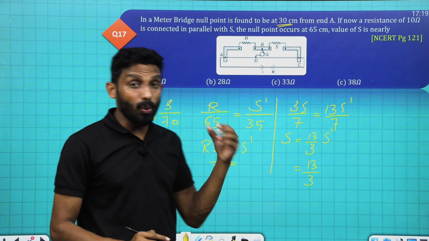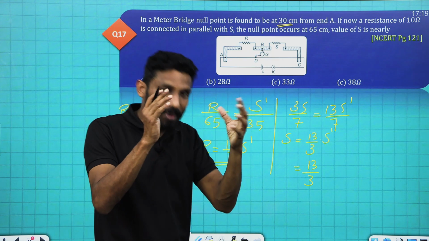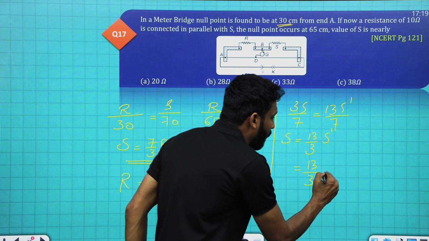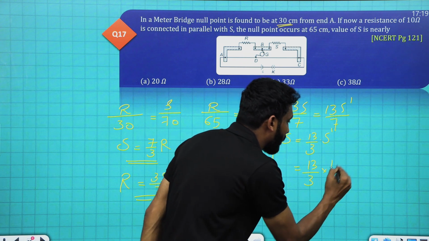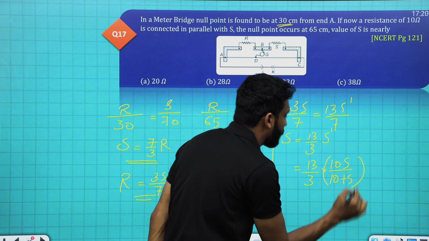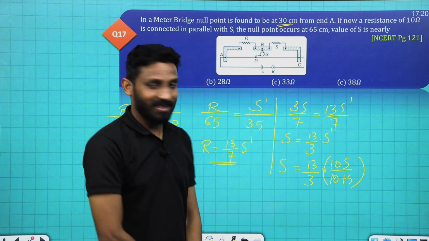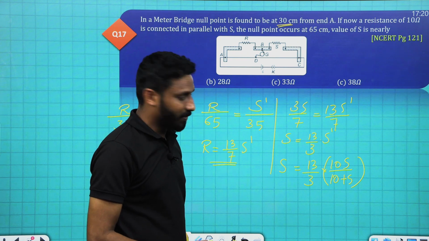13 by 3 into what is S'? S' is the new resistance here after connecting 10 ohm parallelly with S. What will be the equivalent resistance? R1 R2 divided by R1 plus R2, that is 10S divided by 10 plus S. Here is S, this S is cancelled.